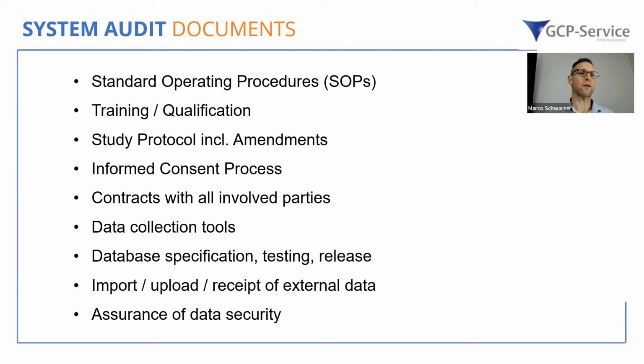The auditor will also check the informed consent process, clarifying if all contracts with involved parties are in place. He will request to understand the data collection tools while checking the database specification, testing or release.